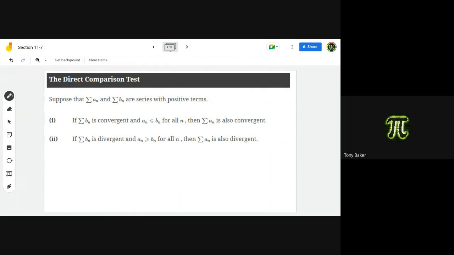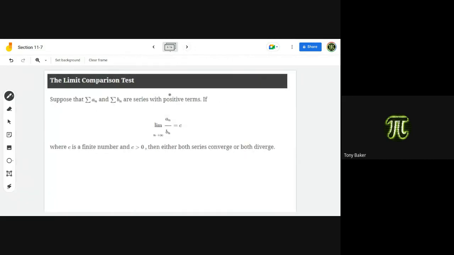This test works really well if they go the same direction. If you can quickly and easily tell me that one is less than the other or one is greater than the other. If you cannot, that's where the limit comparison test comes into play. The limit comparison test doesn't need to know which direction it goes.